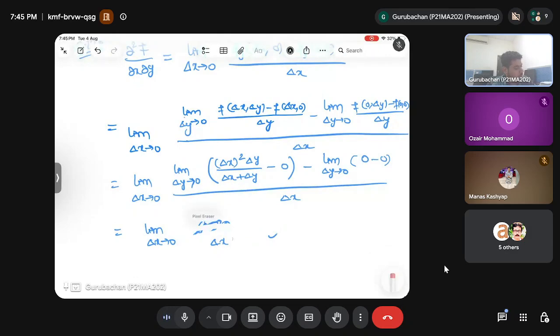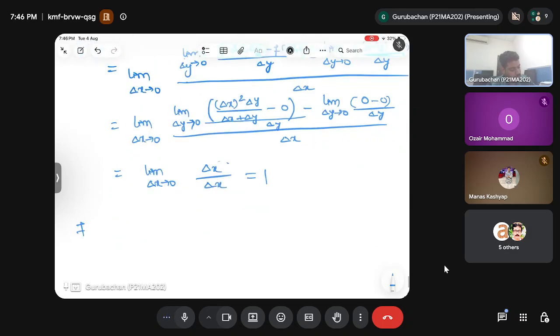Nobody is noticing that. Here there is a division of delta y also. Here is also a division of delta y. So delta y will cancel out. You will be left with delta x divided by delta x. So it will give you 1.